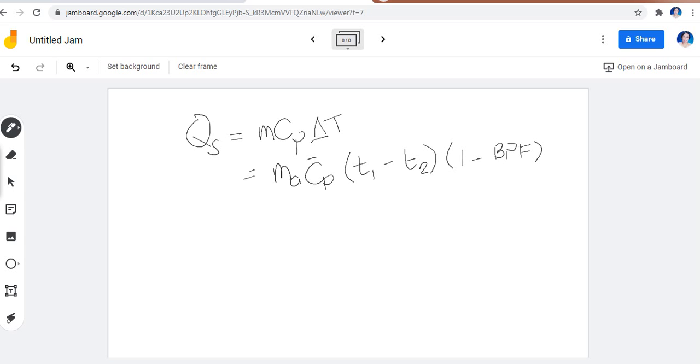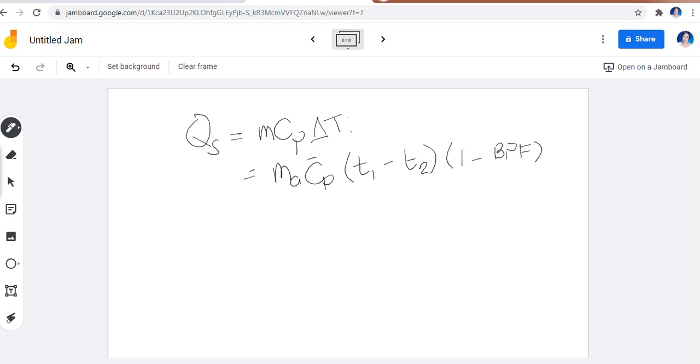So you have to multiply the original m Cp delta T from your thermodynamics by the contact factor as a correction. You're going to multiply this by the contact factor.